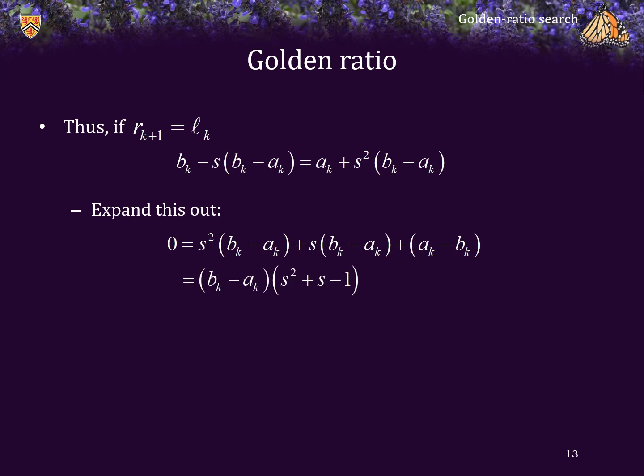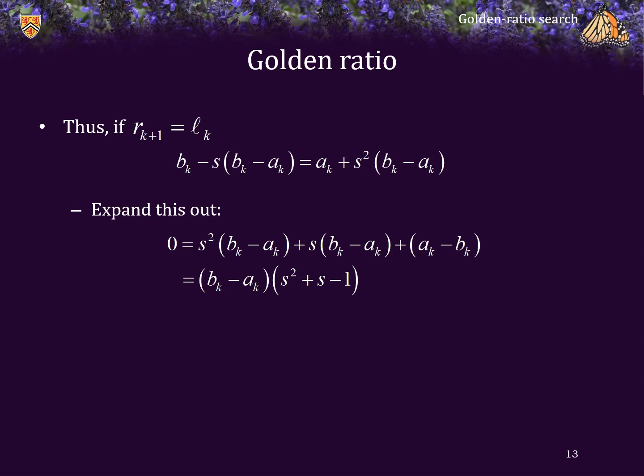So therefore, for that equation above to be 0, or to be satisfied, we require to find a root of this expression. But b sub k minus a sub k will always be non-zero, since b sub k and a sub k are always different.